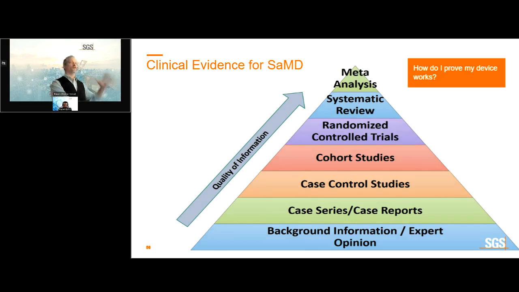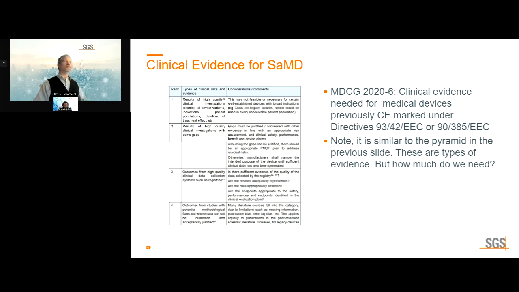So we all know that there is this tier of how data works. MDCG 2020-6, clinical evidence for previously CE marked devices, codifies it, gives it a rank system, and it defines what they are. And more or less, this follows that pyramid. I highly recommend you become very familiar with 2020-6. This will give you an example of what you need.